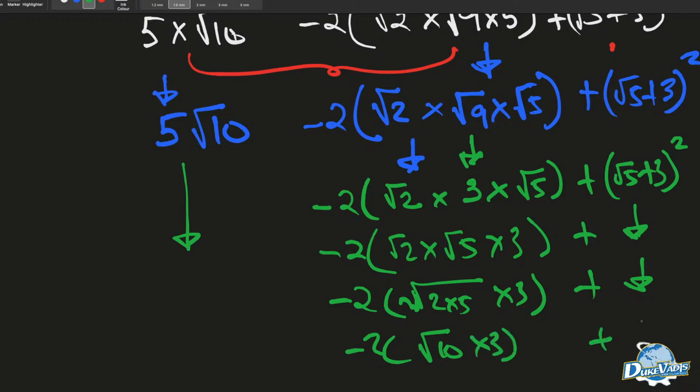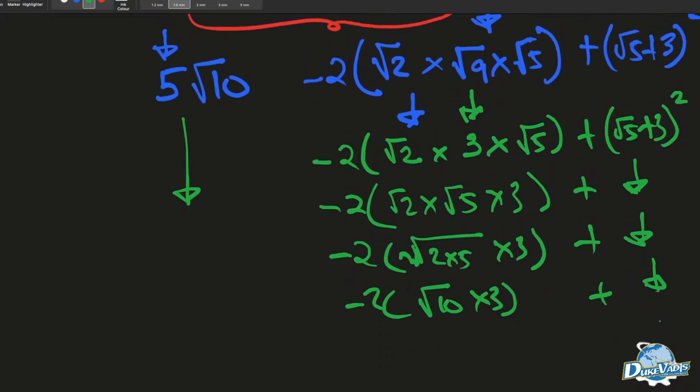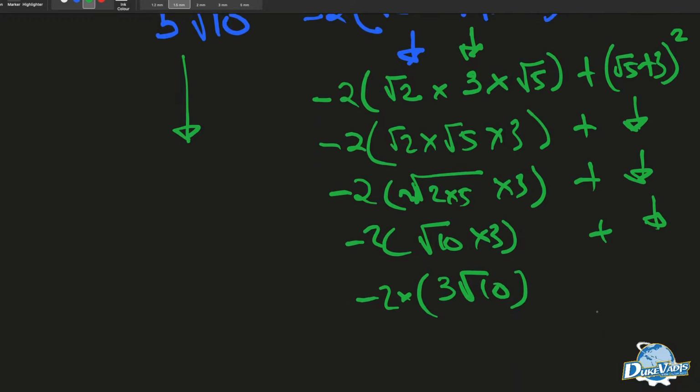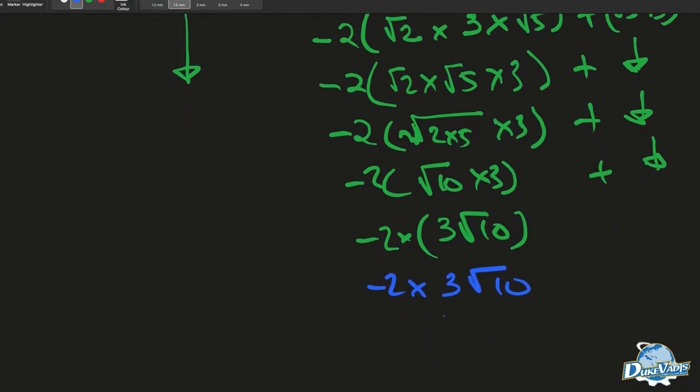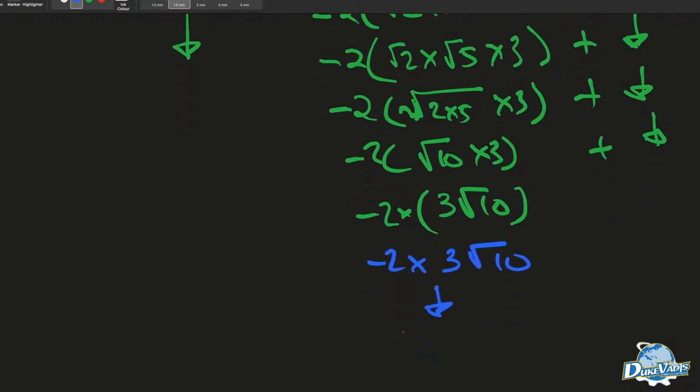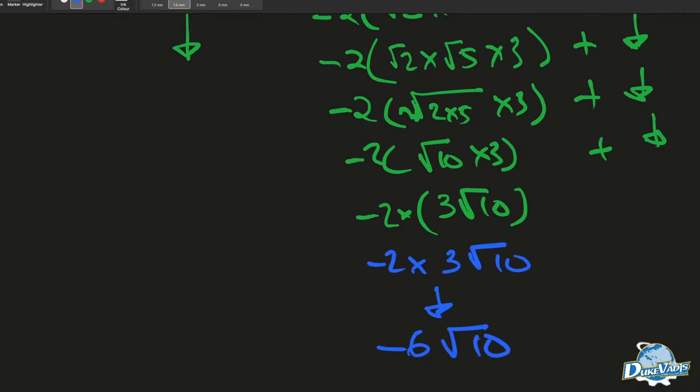Eventually, surd of 10 times 3 will give me 3 surd 10 into bracket. I still have minus 2 multiplying this. So eventually, negative 2 times 3 surd 10, and my answer will be negative 6 surd 10. You see, so that one is certain there.